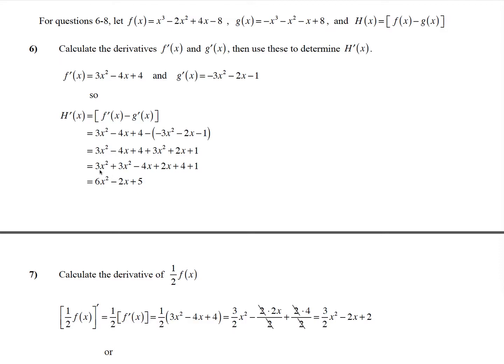So 3x squared plus 3x squared is 6x squared, negative 4x and positive 2x is negative 2x, and 4 plus 1 is 5. So your final answer for capital H prime of x is 6x squared minus 2x plus 5.